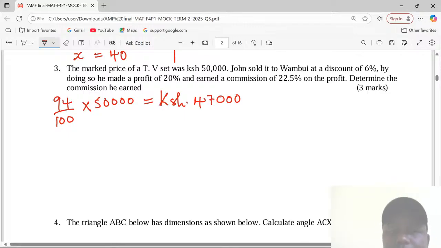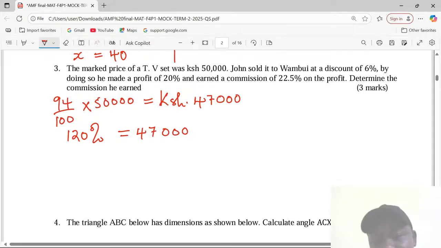Now, you're supposed to know something. After this, John still made a profit of 20%. Therefore, if there is a profit of 20%, then the amount of 47,000 is together with the profit, so it is 120%. Because there is a profit of 20%, through this we can determine the amount that John bought this particular TV set. So what is 100%?